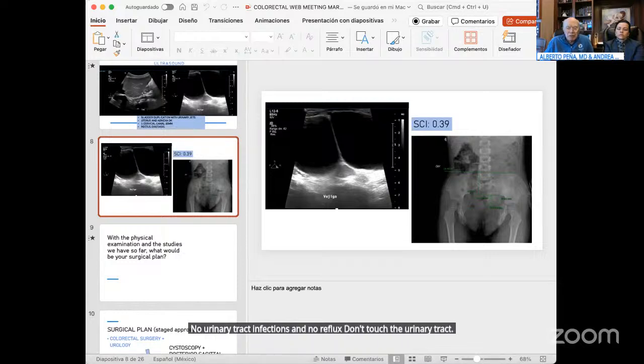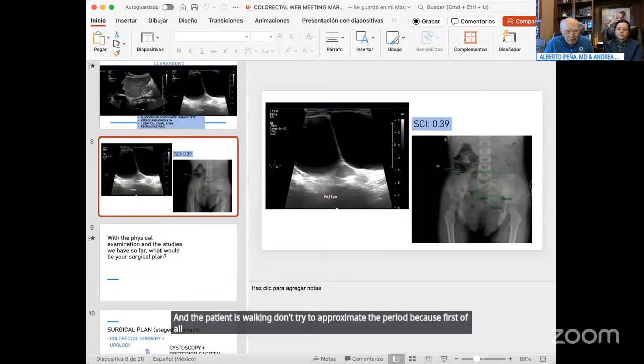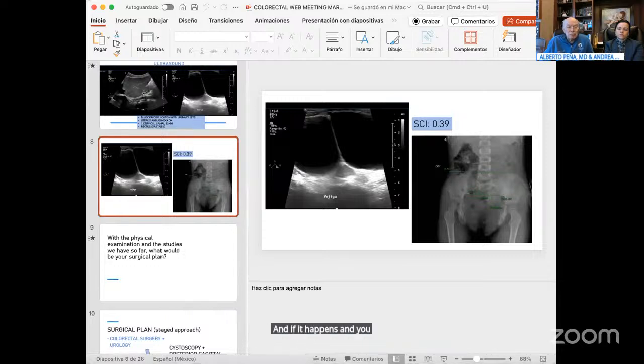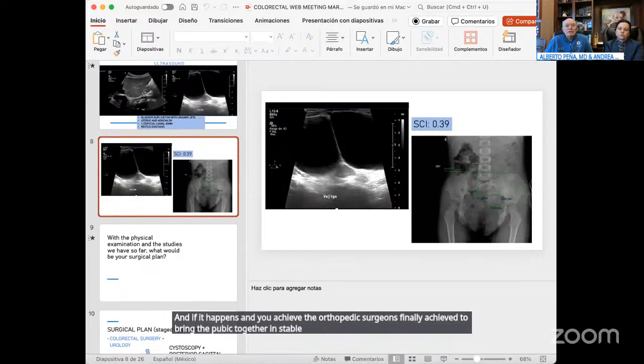And if the patient is walking, don't try to approximate the pubis, because first of all, it will not be possible to do that. And if it happens and the orthopedic surgeons finally achieve bringing the pubis together in stable conditions, please communicate that, because that would be a miracle.